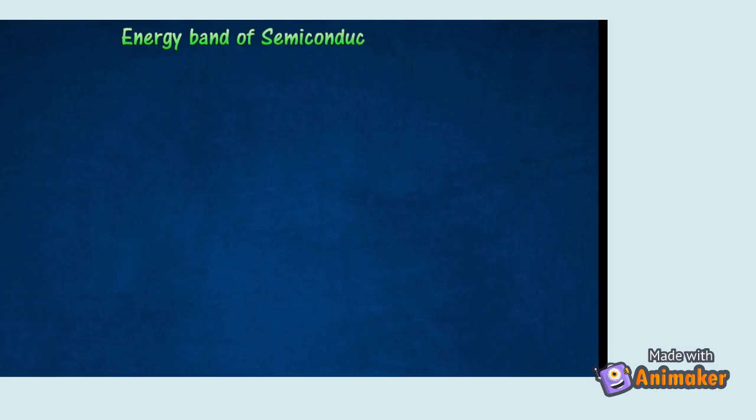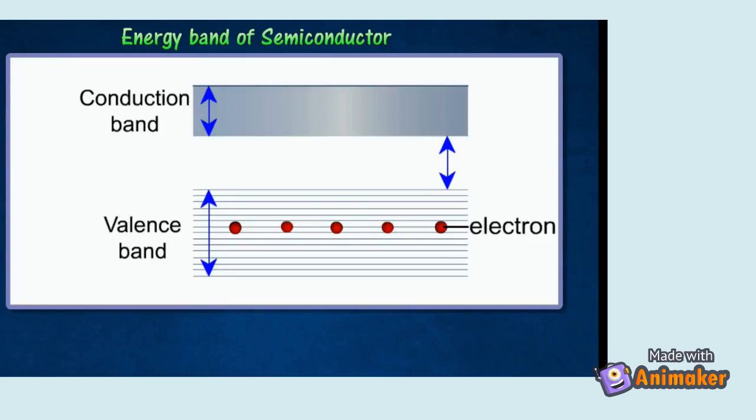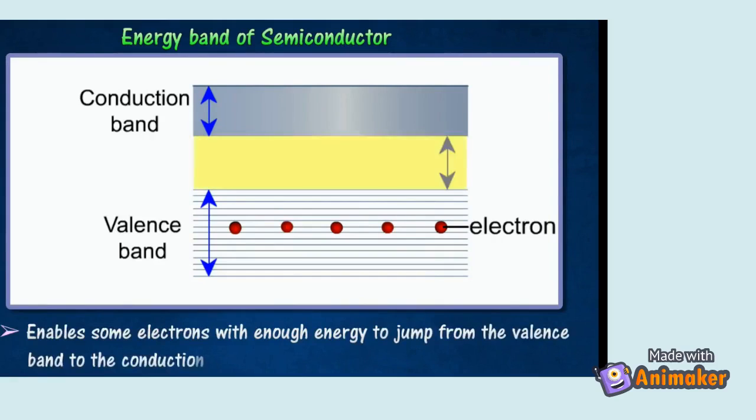In a semiconductor, the conduction band and the valence band are also separated by a forbidden gap. For a semiconductor material, the forbidden gap is narrower compared to the insulating material. This enables some electrons with enough energy to jump from the valence band to the conduction band easily.